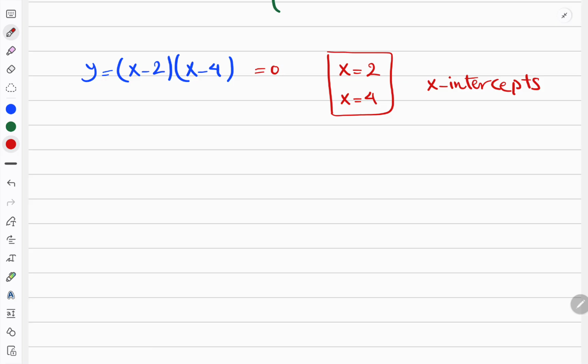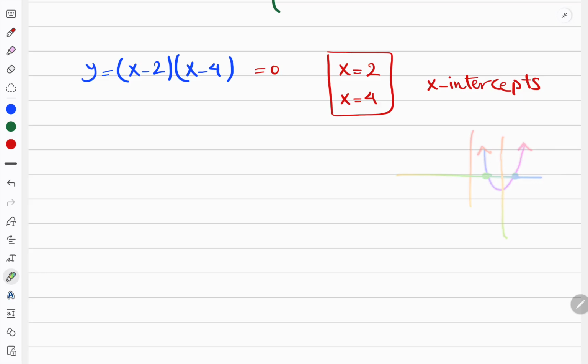All quadratic graphs are symmetric about a vertical line through the vertex, as I said before. This axis of symmetry must be midway between the x-intercepts. For example, if you have this parabola, this is the axis of symmetry, and this is the midway between these two x-intercepts.